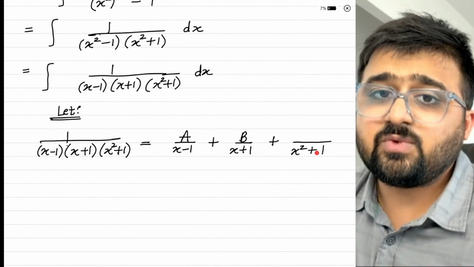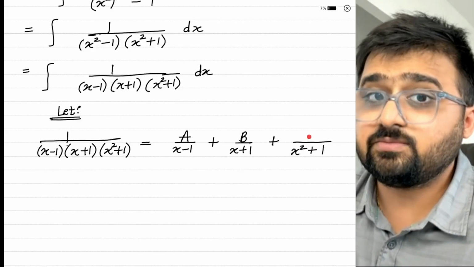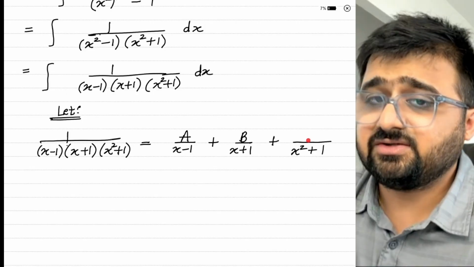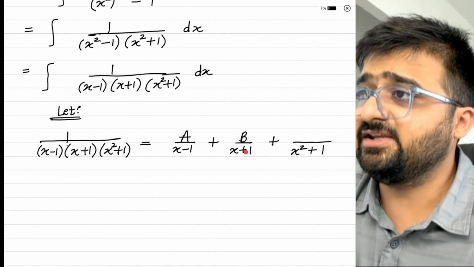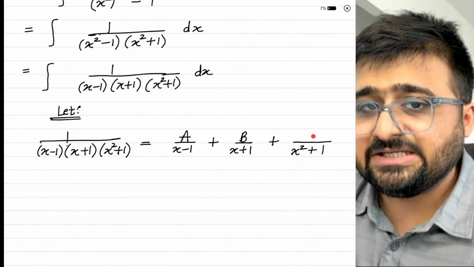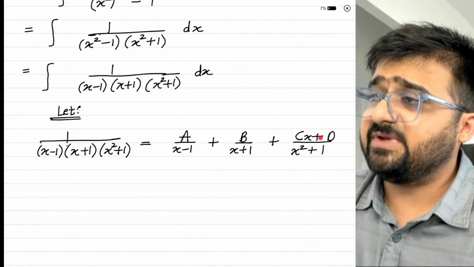Now remember that whenever the term is a quadratic term, the numerator should be a linear term. So instead of just writing c here, which I would have written if it was linear in the denominator, since this is quadratic, I have to write a linear term. So I'll write cx plus d. I hope that makes sense.